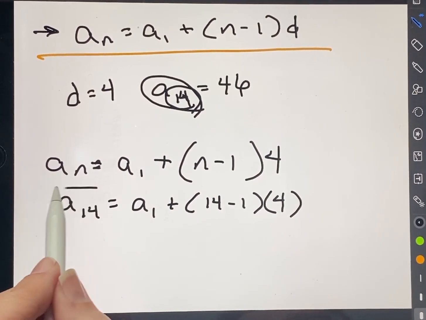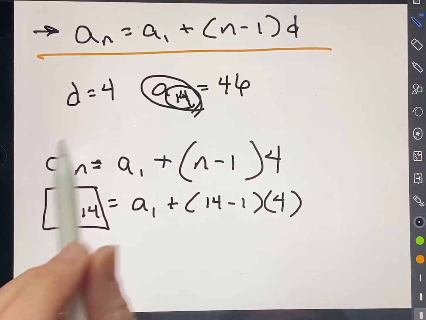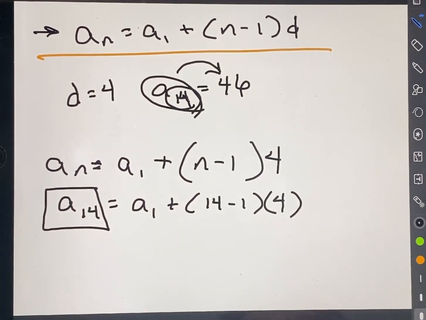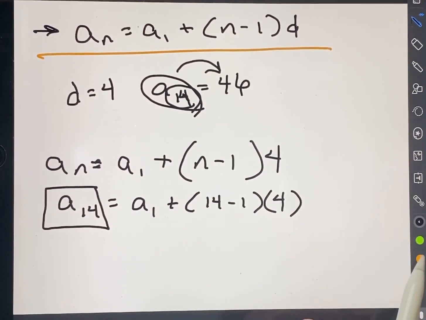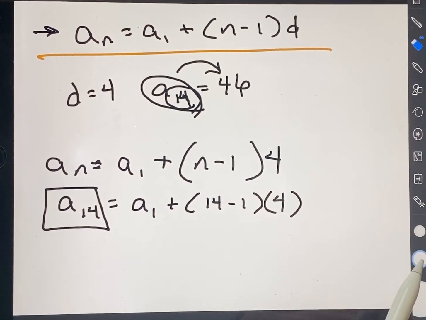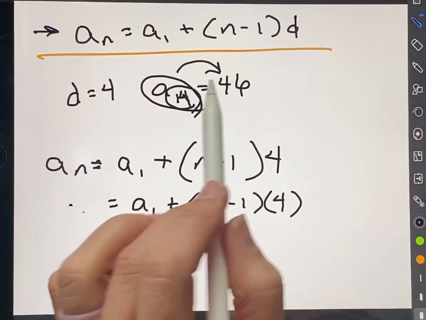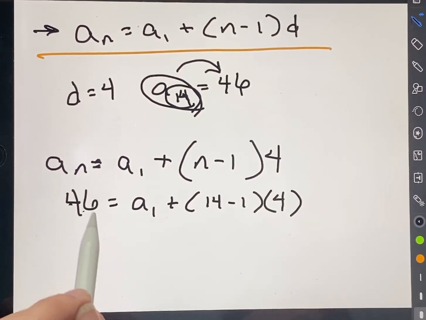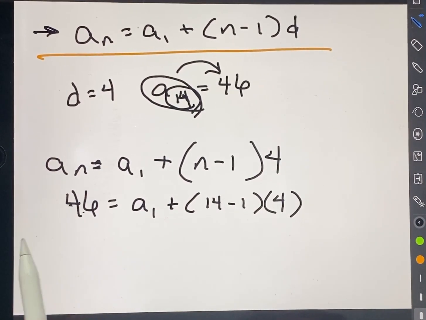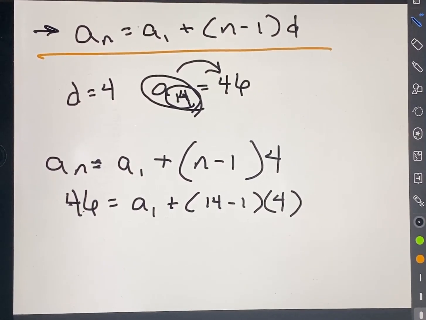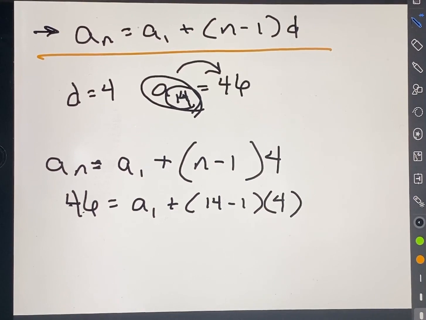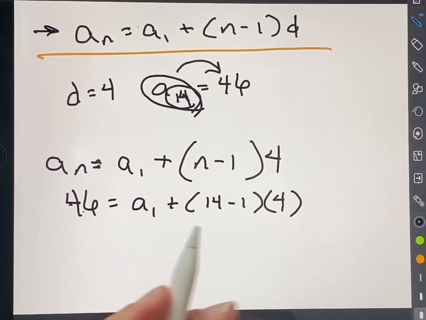Now, what do they also tell us? They also tell us that a sub 14 is equal to 46. And so by substitution, I can erase my a sub 14, and I can replace it with the value of 46. Well, now I have an entire equation that has one variable, and if I have one variable, I can solve it with one equation, so that works out.